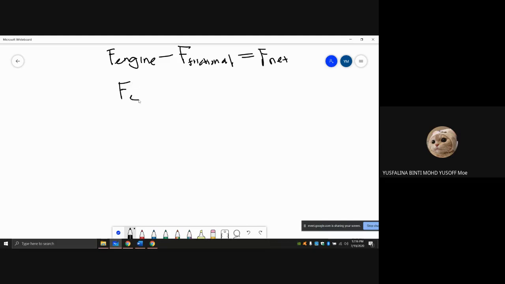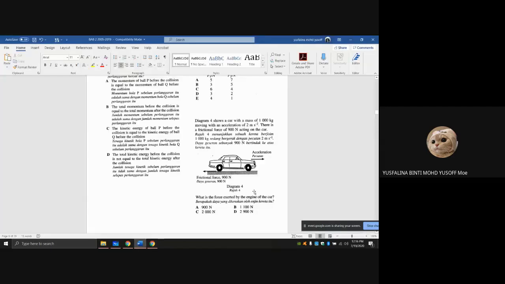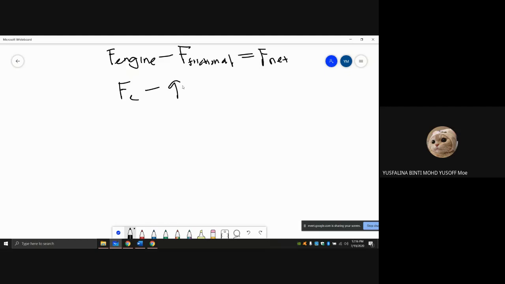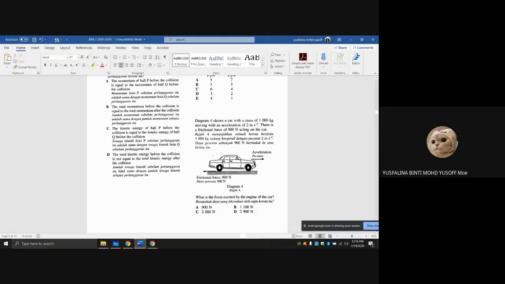I put FE, and then the frictional force is 900. So how do you find the F net? For the F net, we use F equals MA. What is the mass here? The mass is 1000 kg. The acceleration is 2.